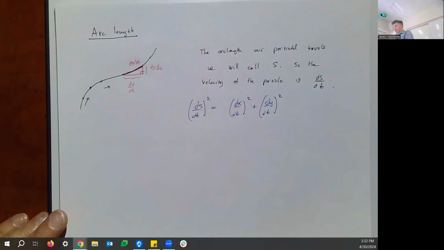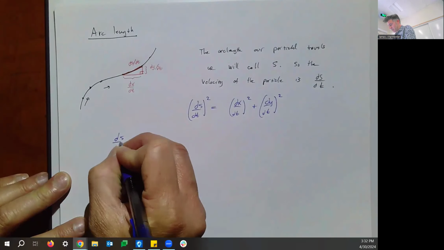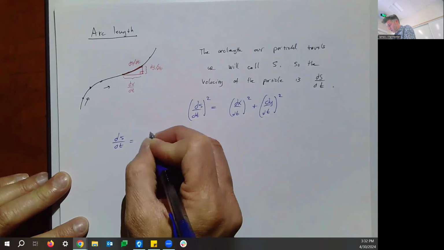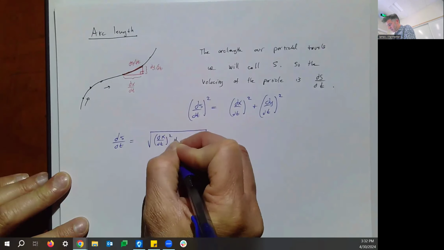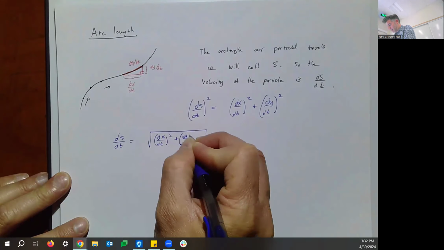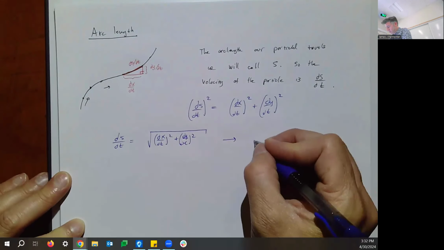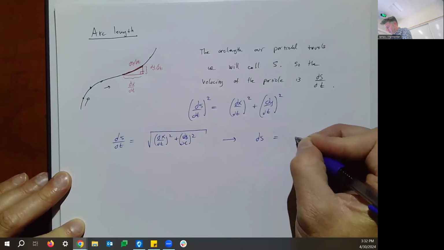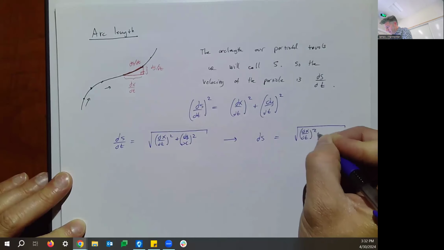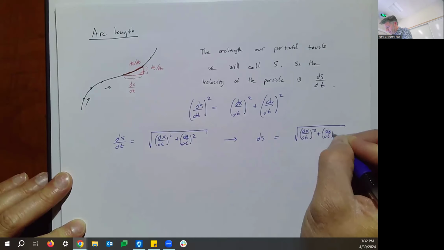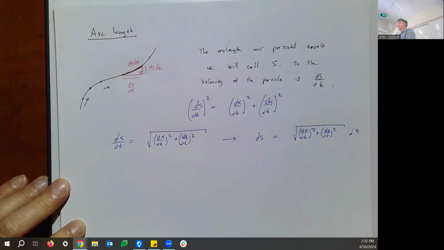And manipulating things a bit, you can say that ds/dt is equal to the square root of dx/dt squared plus dy/dt squared. And then bringing the dt over to the other side, ds is equal to the square root of dx/dt squared plus dy/dt squared dt.